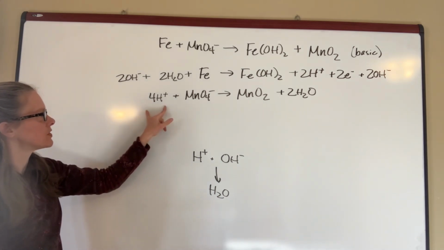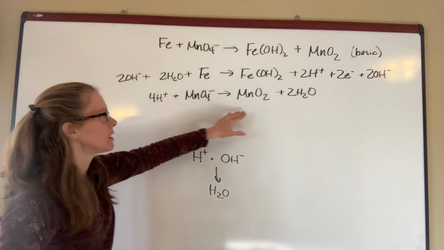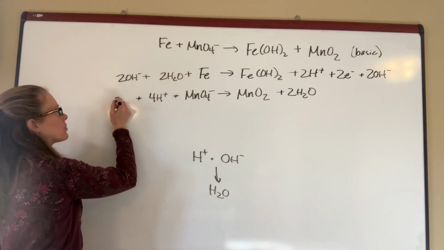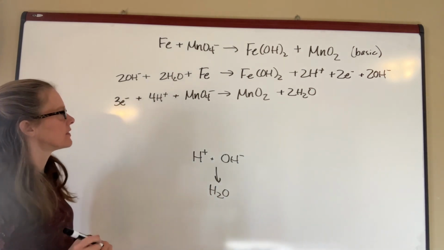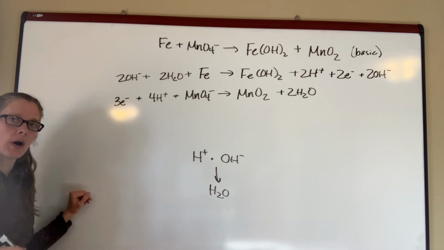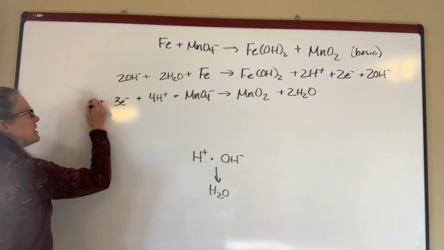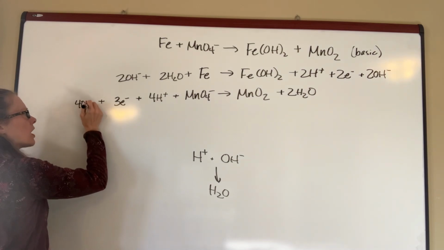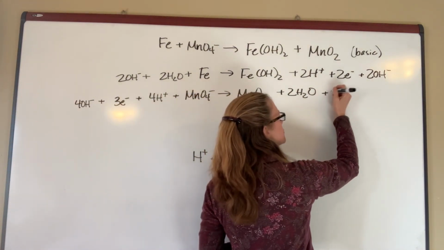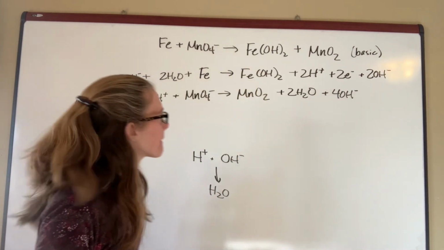I have a positive 4 and a minus 1, which is a positive 3, 0 on this side, so I need to add 3 electrons to that side, to the same side, okay? Again, though, I'm in basic solution, so if I've got 4 hydrogens, I need to add 4 hydroxide ions here. If I do it to one side, I'm going to have to do it to the other side since I already had it balanced. Okay?